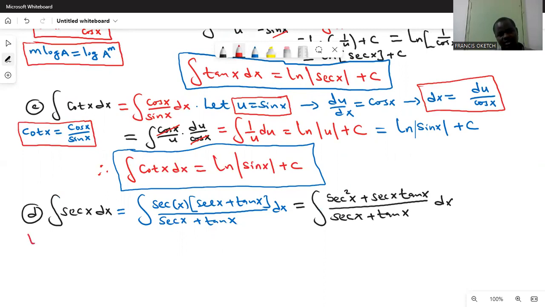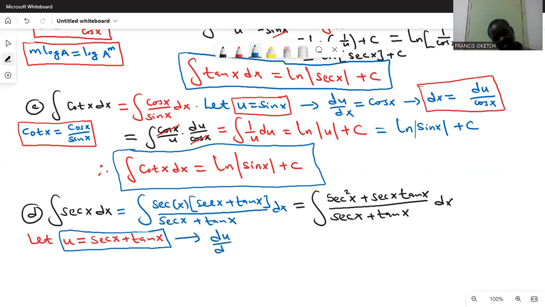You can say let u be equal to sec x plus tan x. That is the substitution. This one you have to differentiate; you find du dx. What will it be equal to? When you differentiate sec x, you get sec x times tan x. When you differentiate tan x, you get sec squared x.